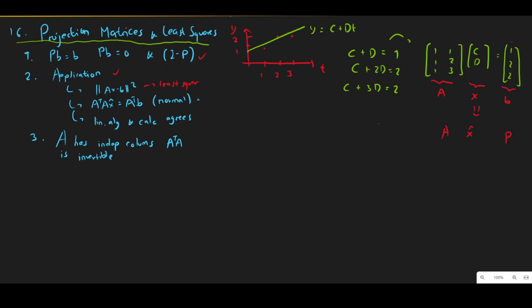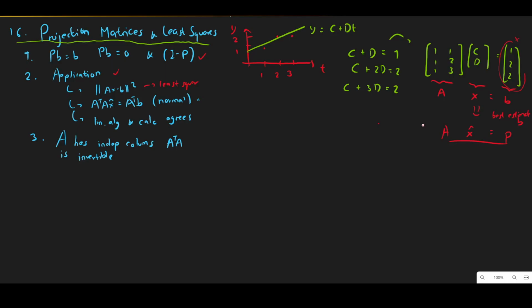So we no longer find b, but we find the best estimate of b, which is p. This is what we have been discussing so far. I assume you're already familiar with it by now.